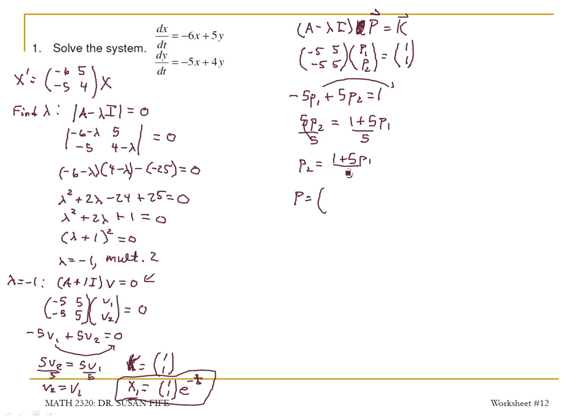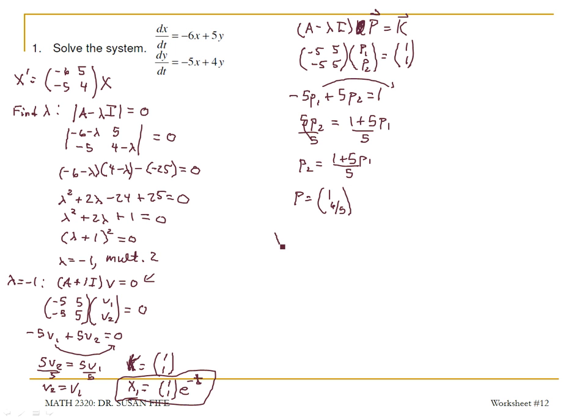Normally you want to choose a value that will cancel out the denominator, but it's really not possible to choose one. And so I'll just choose 1 for p1. And if p1 is 1, then I get 1 plus 5 is 6 over 5 for p2. And I get this vector, 1 and 6/5.